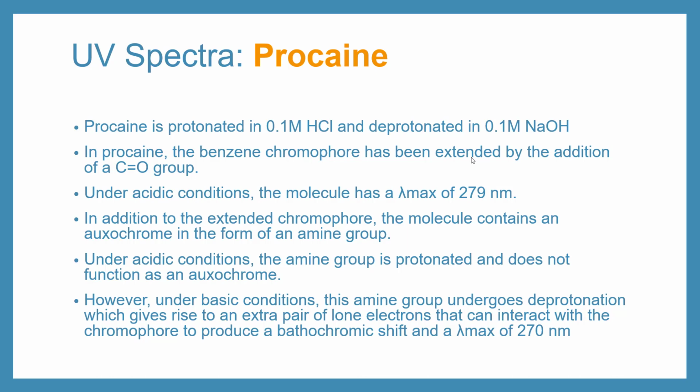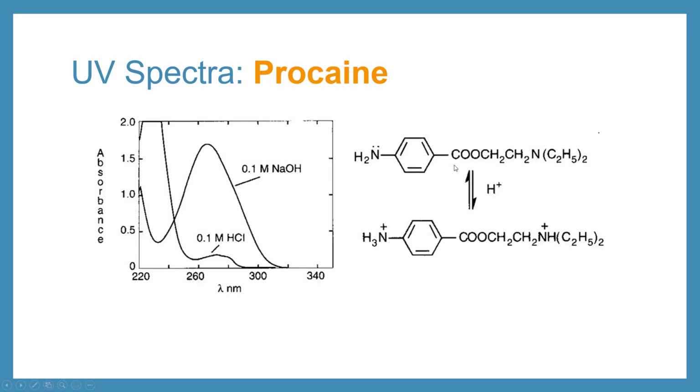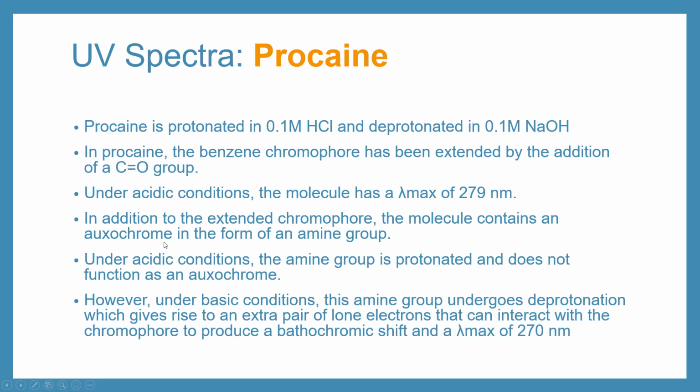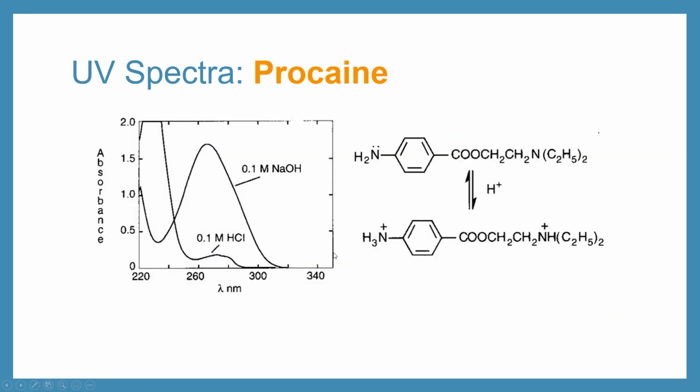We also have a chromophore that has been extended, okay, so directly bound to that chromophore, we have that carboxylic acid, but what we also have now are these auxochromes. And the auxochromes are in the form of that amine group. When we're in acidic conditions, those amine groups are protonated, so they don't function as auxochromes then.